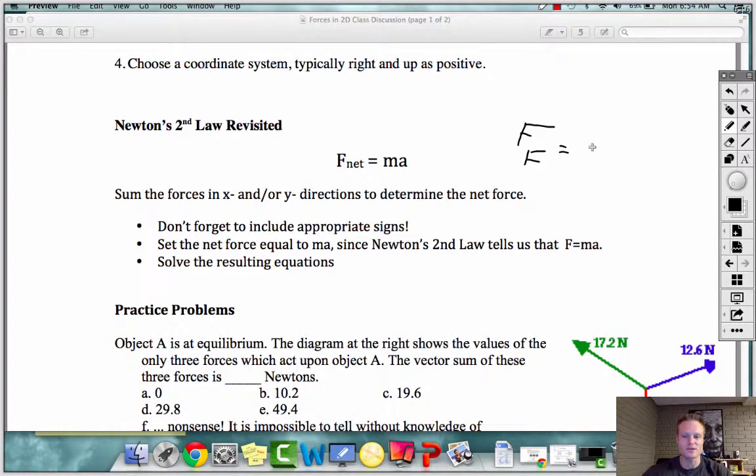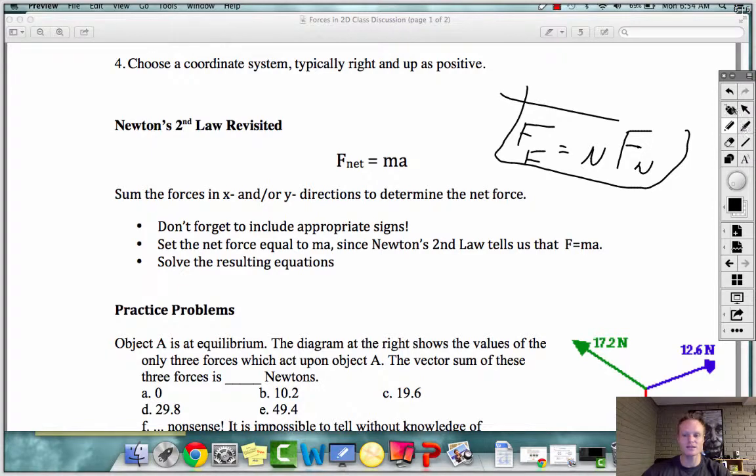So the force of friction equals mu, which is just some constant. Typically it's given to you, not always, and usually it's a number less than 1. So force of friction equals mu times the normal force. This formula will probably be needed in the worksheet you're about to get. So those are two formulas you should be familiar with: F net equals ma, and force of friction equals mu times the normal force.